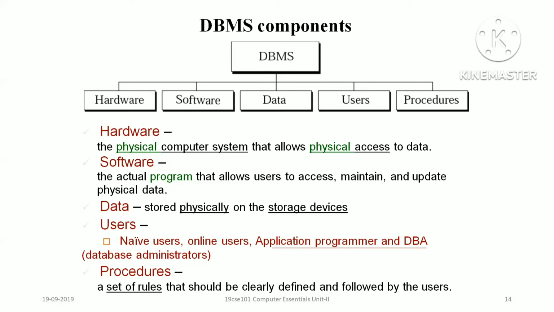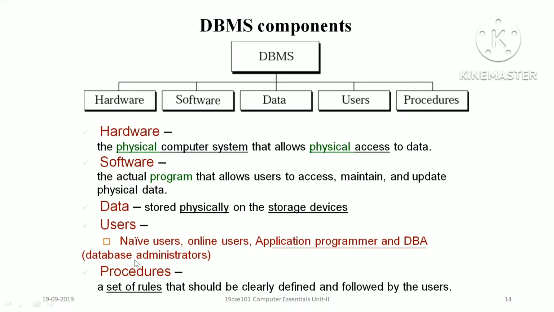Understood about data? Now let's talk about the fourth component of DBMS. The fourth component of DBMS is user. There are a number of users who can access or retrieve data on demand, using the application for the DBMS.